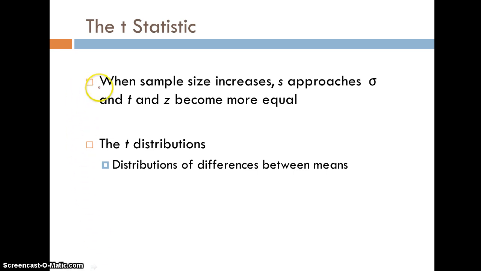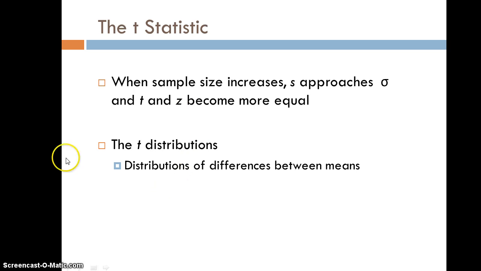When the sample size increases, the standard deviation that we estimate from our sample for the population gets closer and closer to being the same as the standard deviation in the population, sigma. And the t-distribution and the z-distribution become more and more similar. So the t-distribution is assuming that shape of the z-distribution.